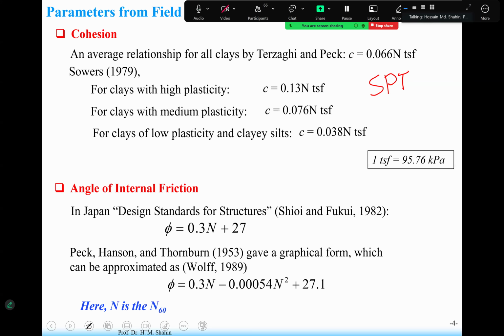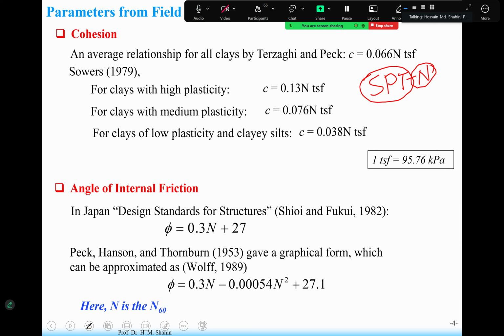That is SPT, the standard penetration test. From SPT we get the SPT N value. This N value will be used for calculating the parameters. Also the soil type is written there: CL, ML, SM, and so on.